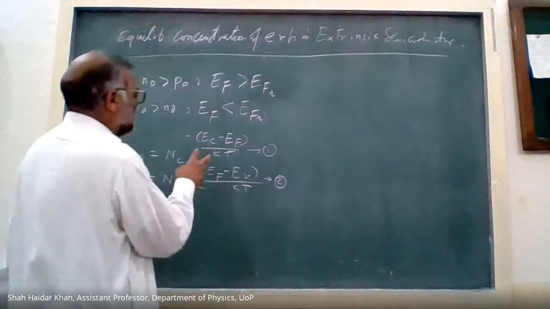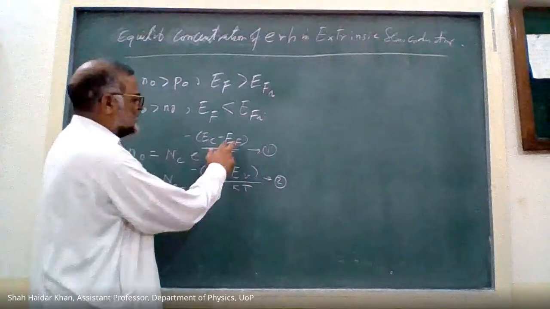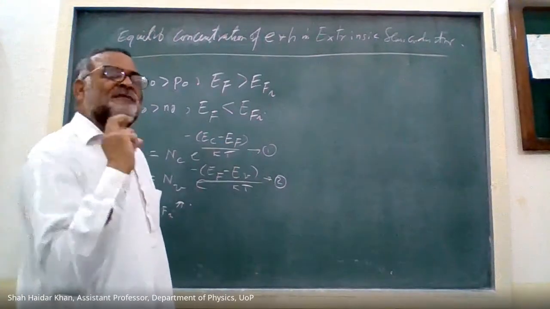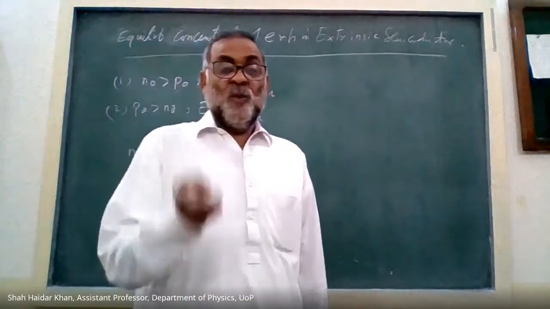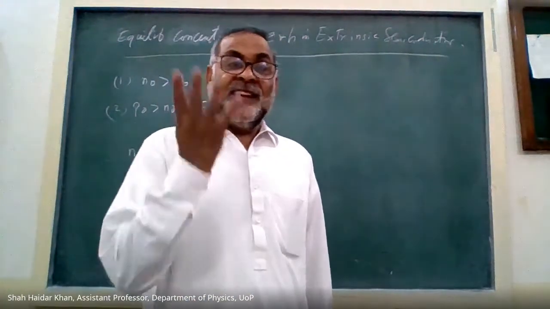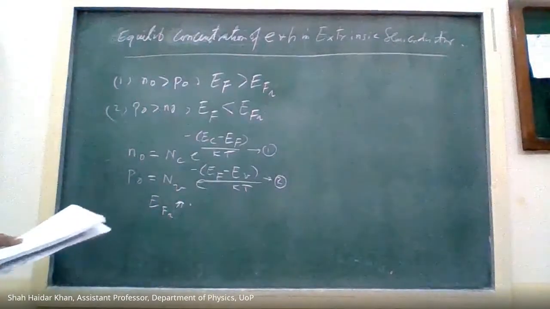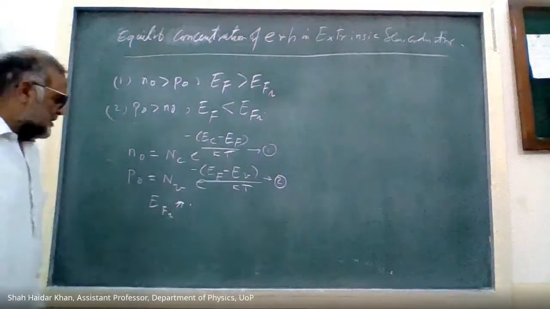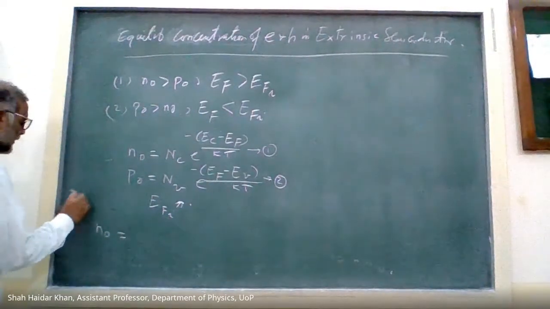So here, let me add and subtract EFi, so that if this is the Fermi energy, then I can see the difference from the intrinsic: how much it has gone up from the intrinsic, or how much it has come down. How much it has deviated from the intrinsic situation.